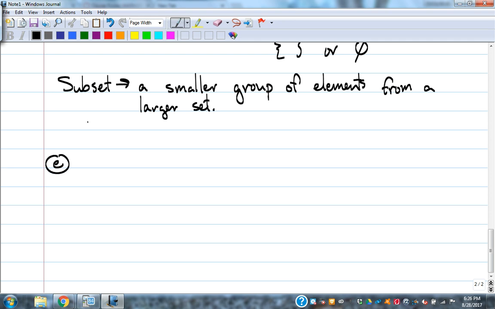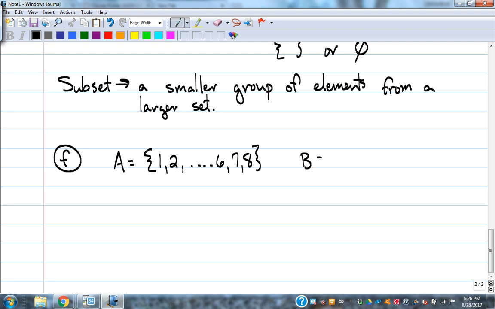Okay, so this is example F. If A is this set, numbers 1 through 8, I'm just abbreviating there. Finite set, obviously, from 1 to 8. B is this set, 2, 5, and 7.